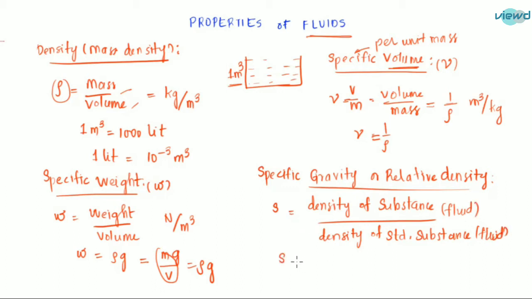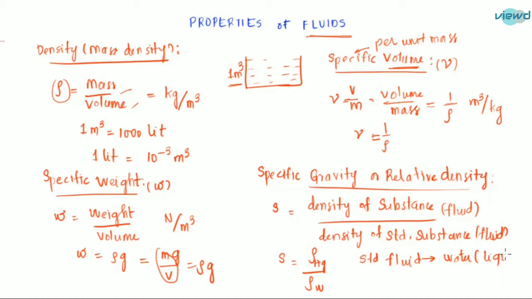So if we need to find the specific gravity of mercury, it is the density of mercury divided by the density of water. Here the standard fluid is water.